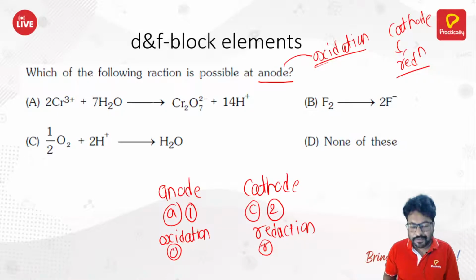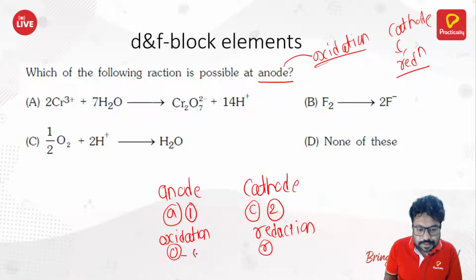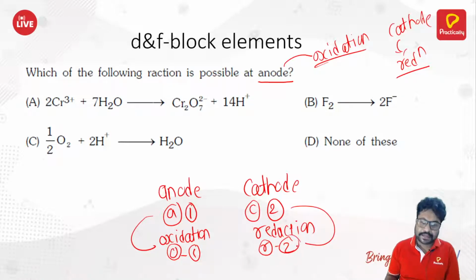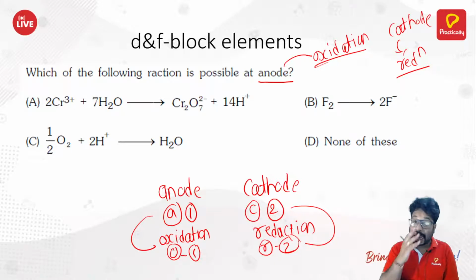O comes first, obviously, that is the ABCD you all know. So this is first, R comes later, so this is second. So first, second. Just pair it. That's it. Isn't it easy to remember? So on anode, oxidation happens. On cathode, reduction happens. It is that easy.